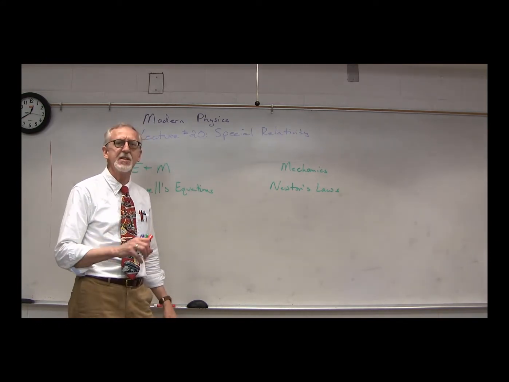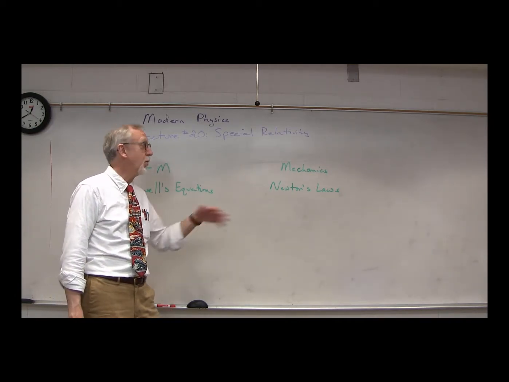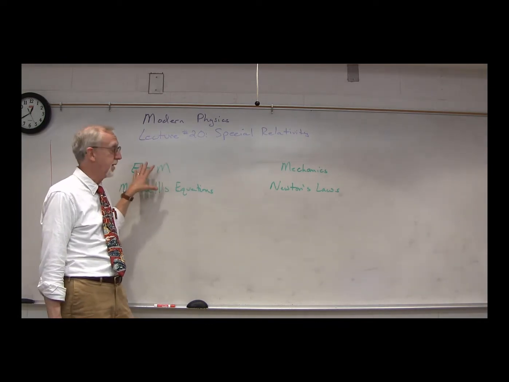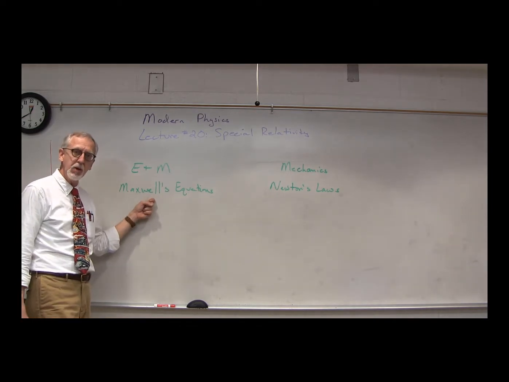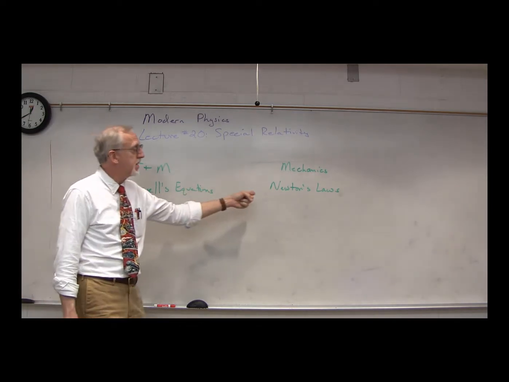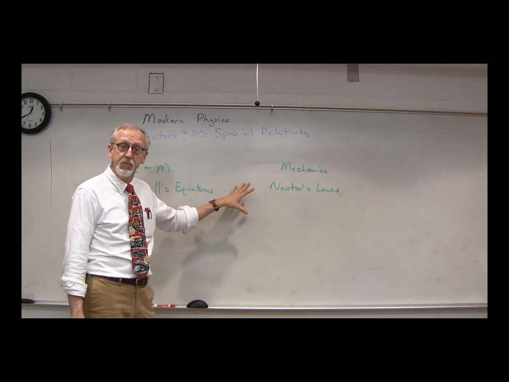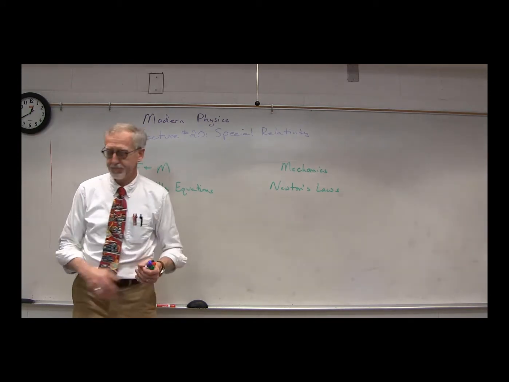Which one would you accept and which one would you say there must be some problem with? Well, I would pick Newton's laws, and I would say there's got to be something wrong with Maxwell's equations. But that's not what Einstein did. Einstein thought Maxwell's equations were correct, and there must be some problem with Newton's laws. So, what did he do? What did he decide? Well, let's take a look.